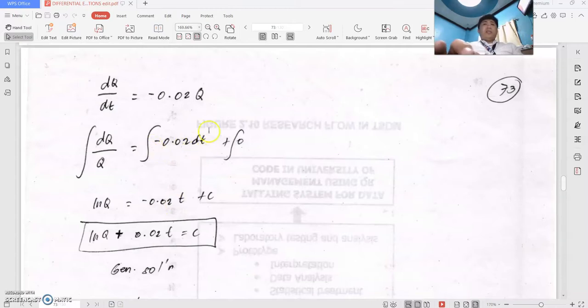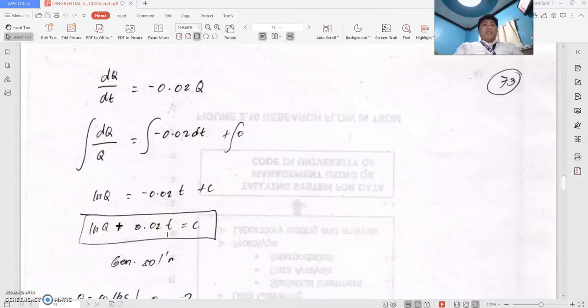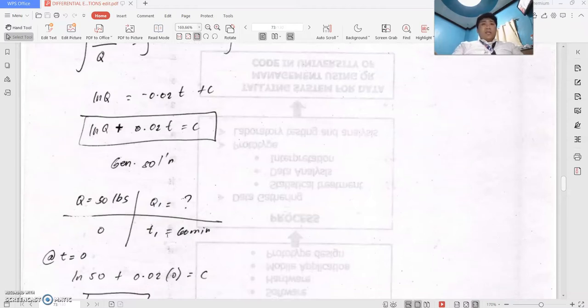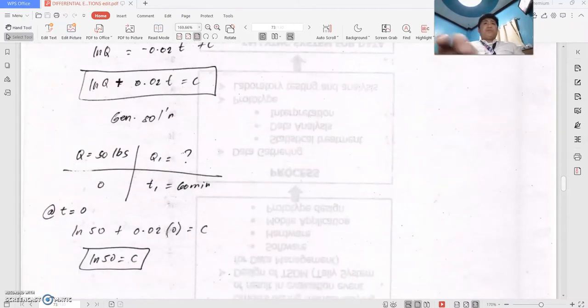Since we already know that integral of dt is t, and integral of 0 is C. So you will have this form, and then just some transposing of the negative 0.02t, added to ln Q. So you will have this general solution of ln Q plus 0.02t equals C. So this is our general solution.